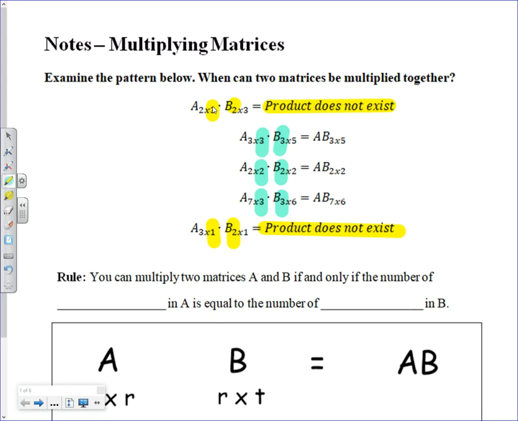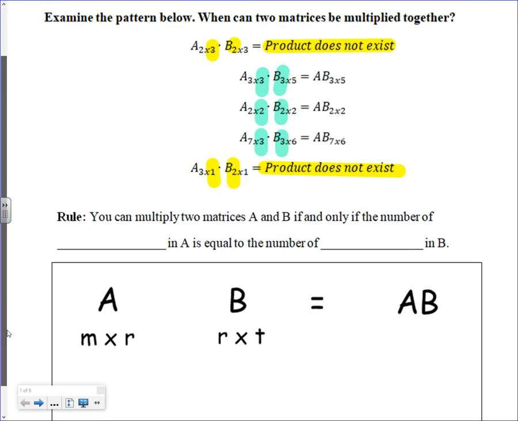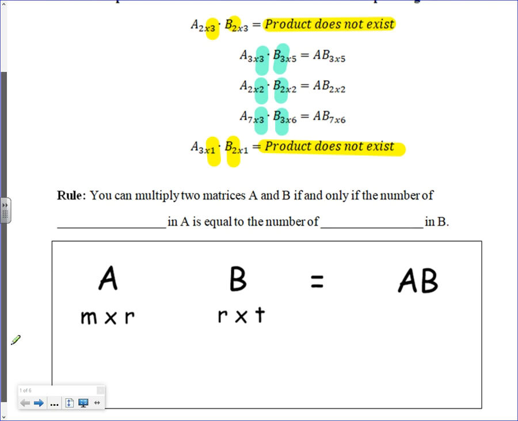So the rule for multiplying these matrices: you can multiply two matrices A and B if and only if the number of columns in A is equal to the number of rows in B. Okay?